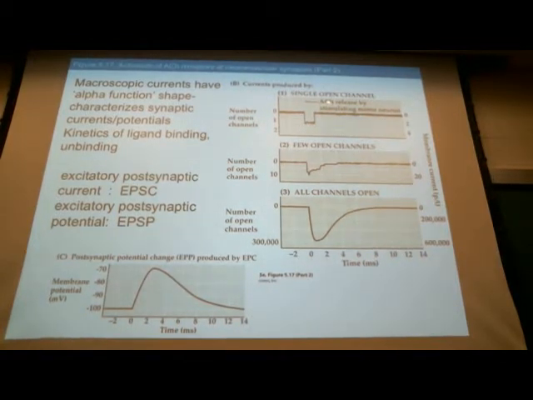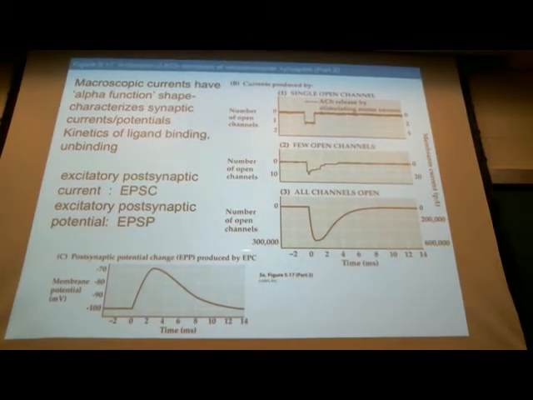Just like with the voltage-gated currents, if we add up a whole bunch of them, we start to get something that looks like this. And macroscopically, if we look at a synaptic current, it looks like this. So when you have a neurotransmitter release, you get something you could read as a current, and it has a particular shape that we would call an alpha function, a geeky name for this shape.